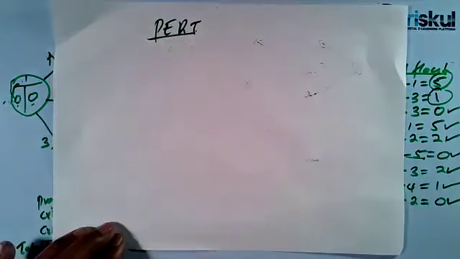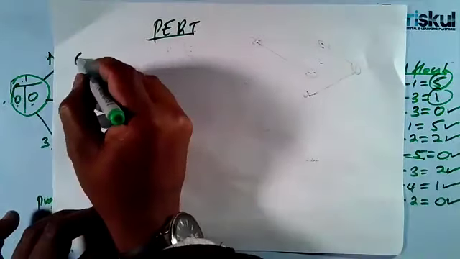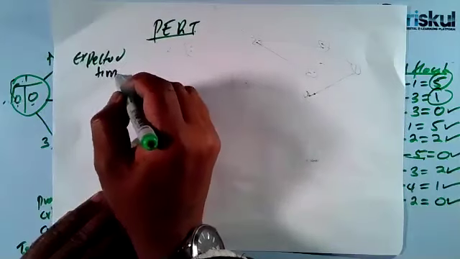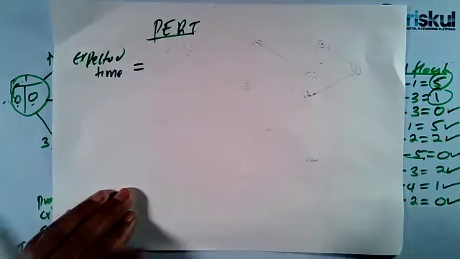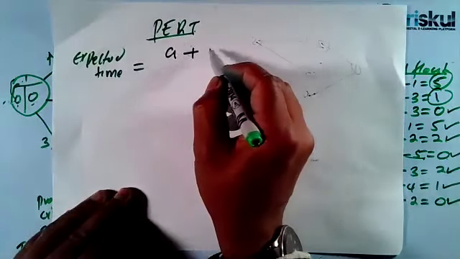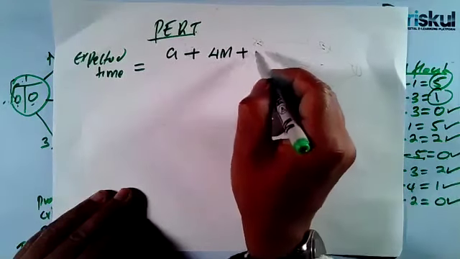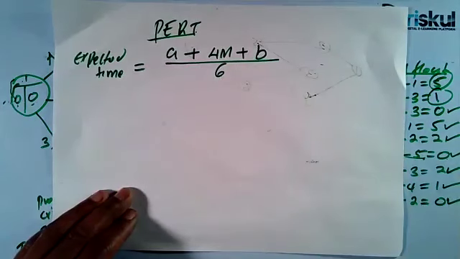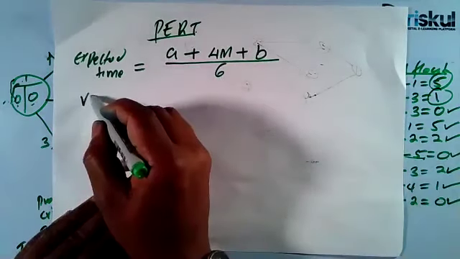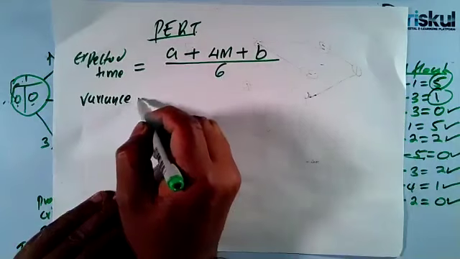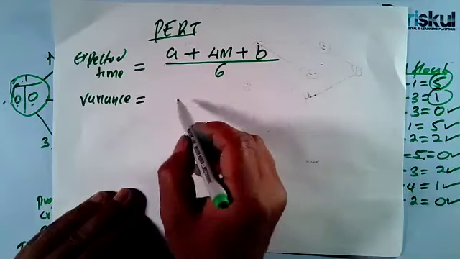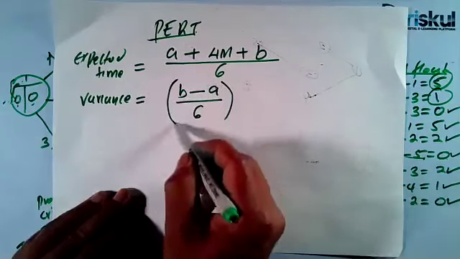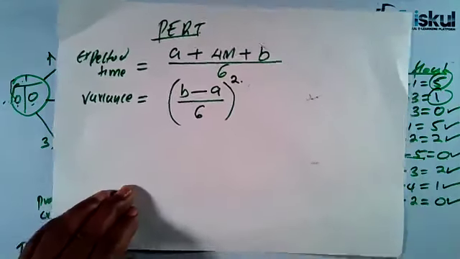So in that case, how do we determine the expected time? For the expected time, this is what you do. You take A plus 4M plus B, you divide by 6. Then, how do we get the variance? The variance is B minus A divided by 6, all of it you square.